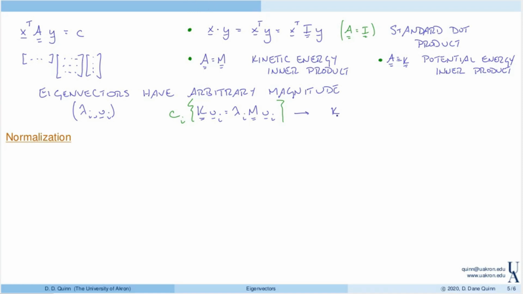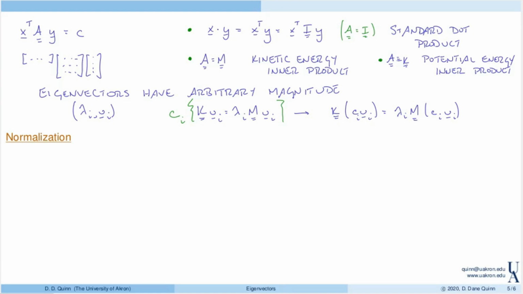So really, I'll just distribute that constant inside. We get k times cu equals lambda m cu. So if I compare this expression to the expression I had with just u as an eigenvector, we see that c times u plays the same role. So k times this quantity equals lambda times m times the same thing.